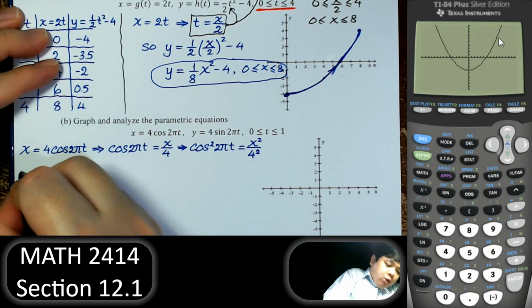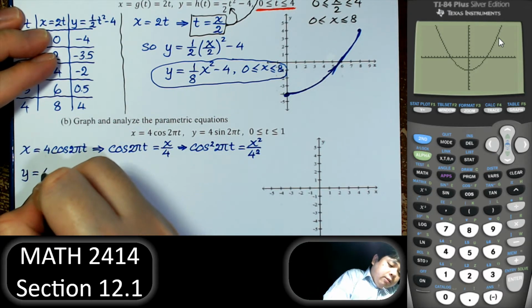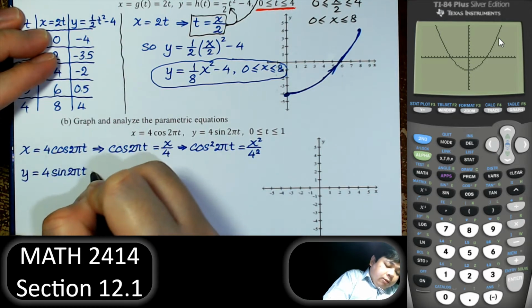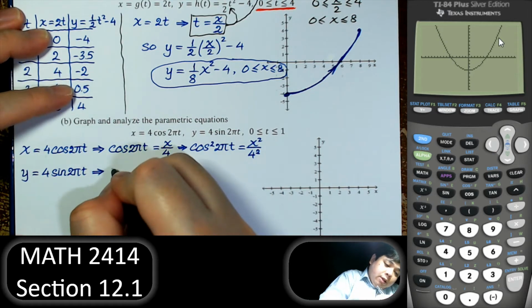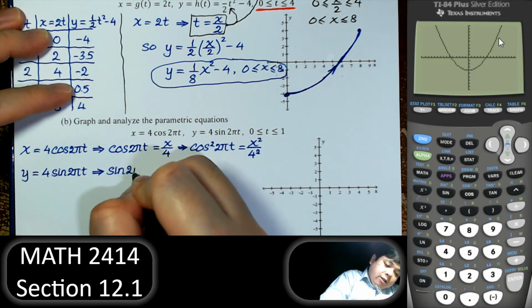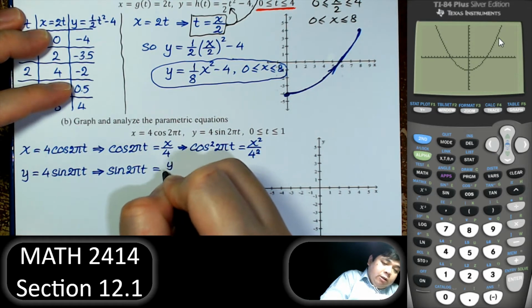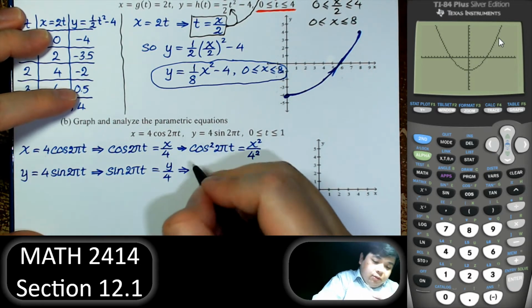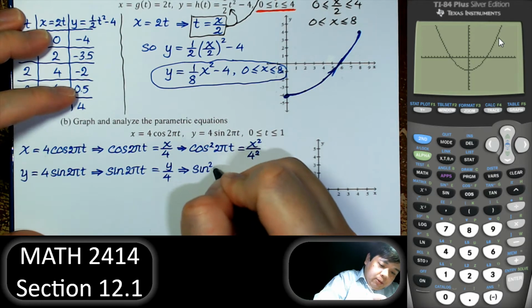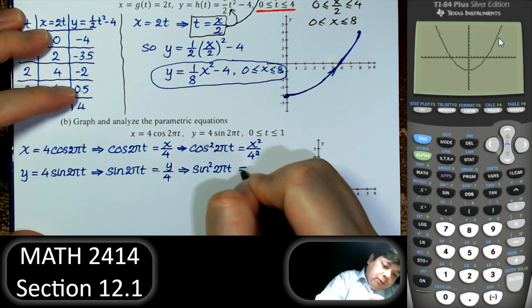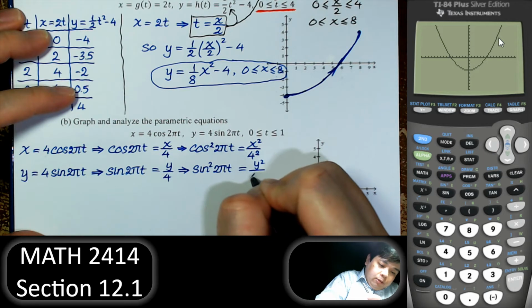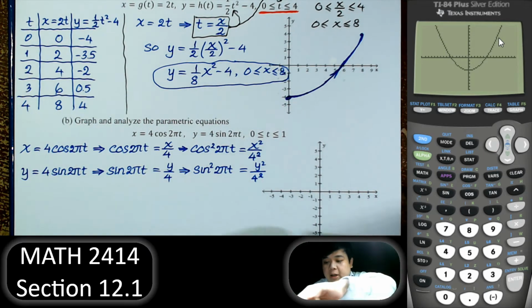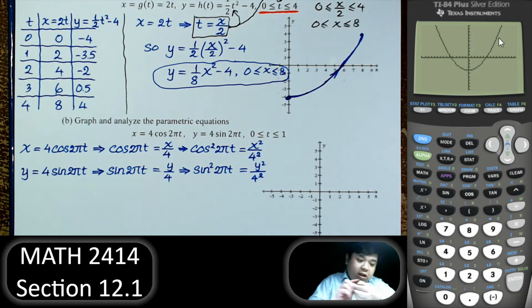And then do the same thing for y. So for sine first, and then square both sides. And then I can add side by side.